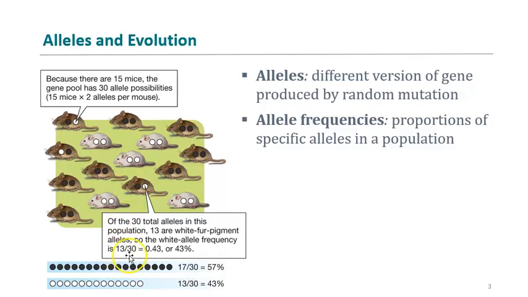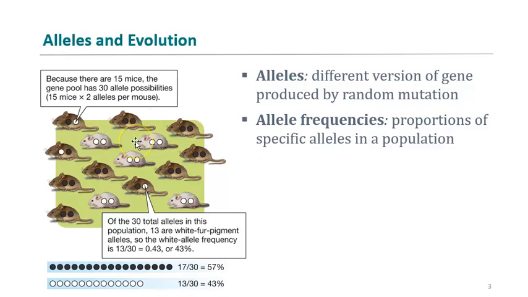So if we take 13 and divide it by 30, that would give us about 43%. So 43% of the population shows the white allele. And then from there, we can just subtract from 100% to find out what is the frequency of our brown allele. So that would be 57%.